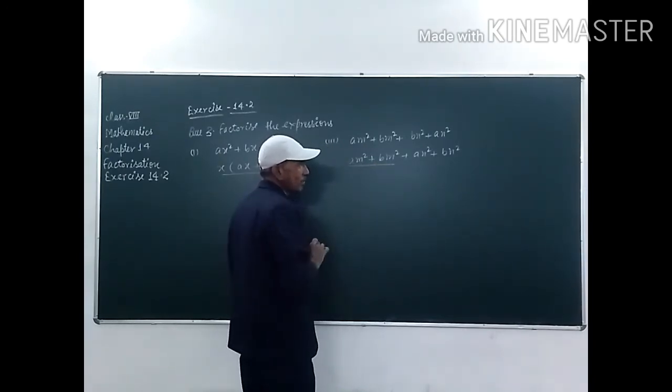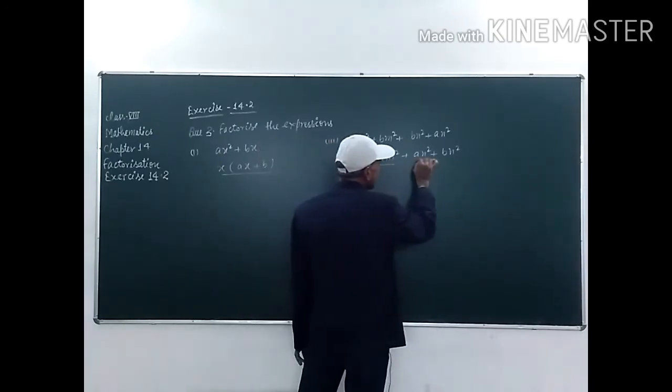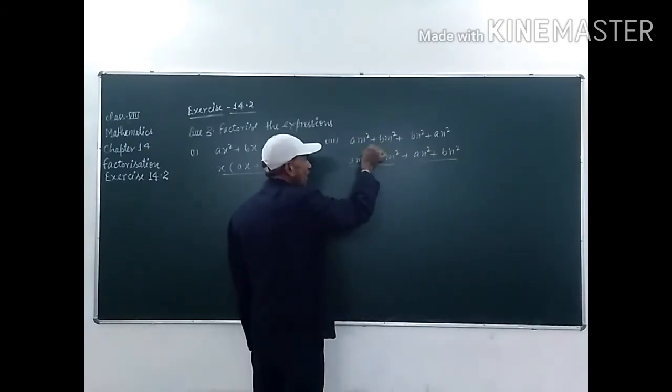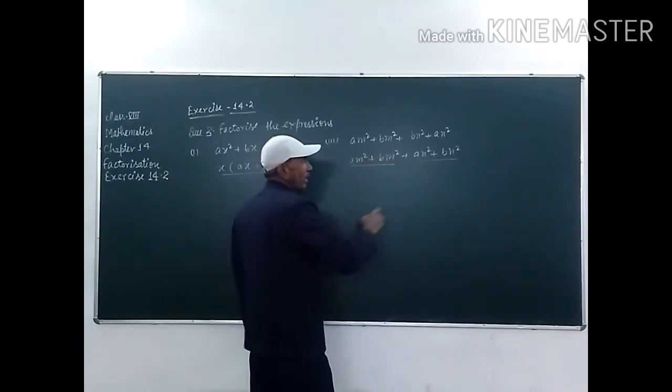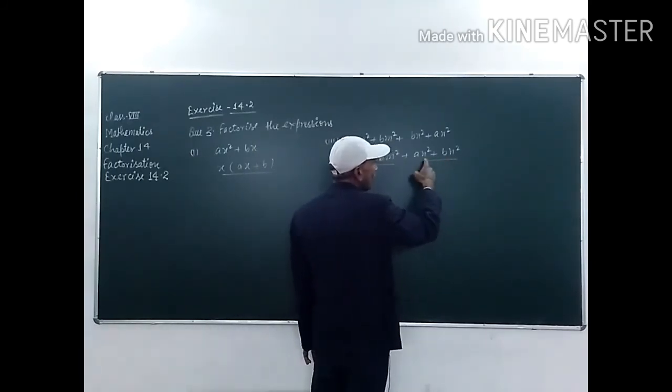This one is the first pair and this one is the second pair. We have made a pair here, students, because in this pair there is m square common, and we have made this one pair because in this pair n square is common.